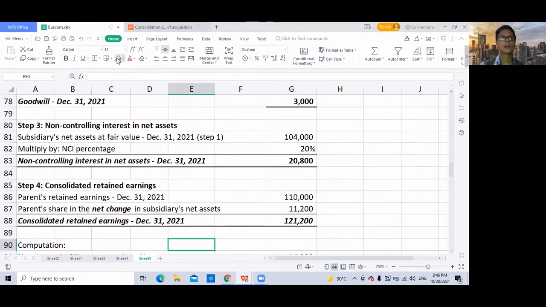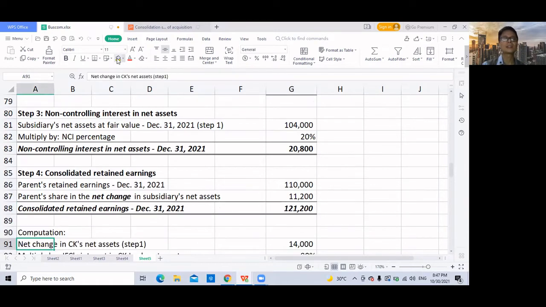And then, parent share in the net change in subsidiary's net asset, that's 11,200. So add yan. So 110,000 plus 11,200 equals 121,200. So ganito lang computation niya.